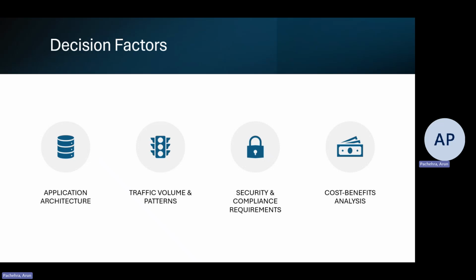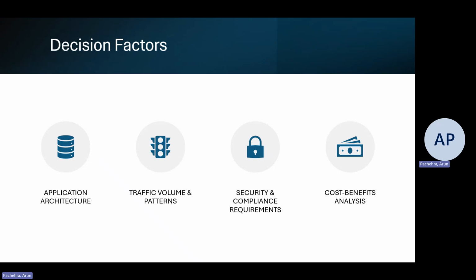So, traffic volume and patterns. Assess if a single app gateway can handle the combined traffic efficiently without performance degradation. So, you could choose a single app gateway if your application architecture allows and it can handle the traffic. So, traffic volume and patterns decide single or multiple.